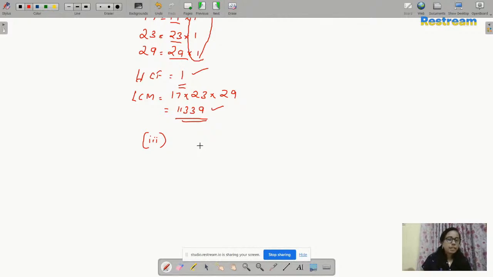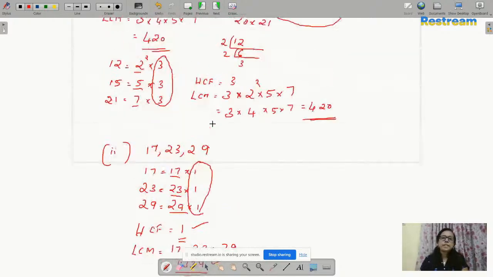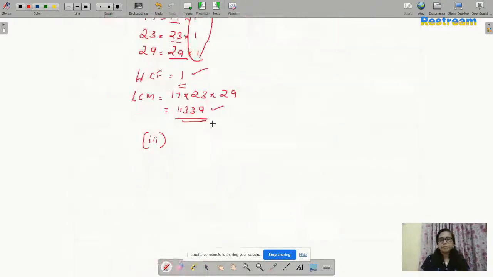Do you understand? If 4, 8 and 32, what will be the HCF? 4 is the HCF, the common factor among those numbers. Now here, 8, 9 and 25.